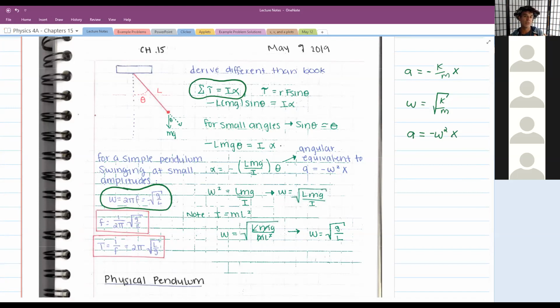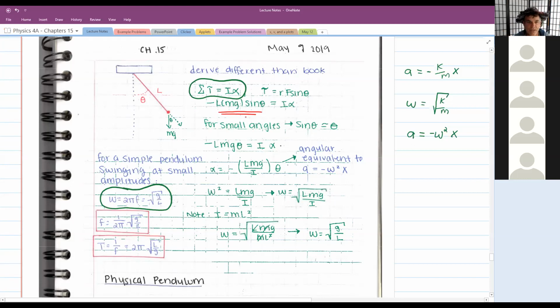Now, tension's also exerting a force, but the tension is not exerting a torque. I do have the tension in the rope exerting a force, but it is not exerting a torque on this mass. The torque is from gravity.